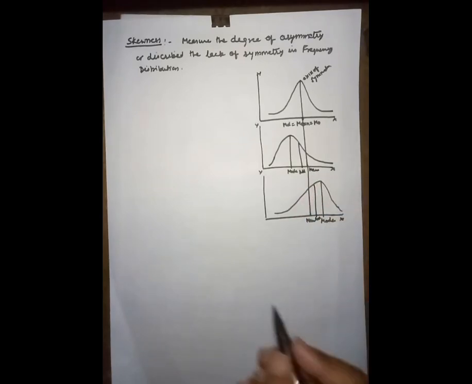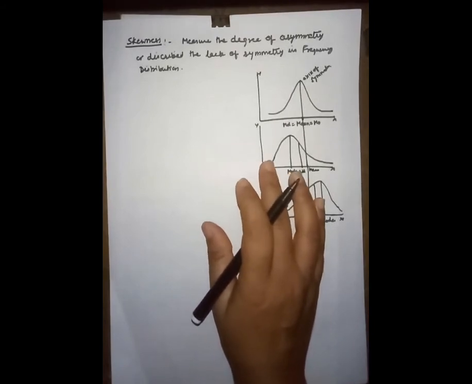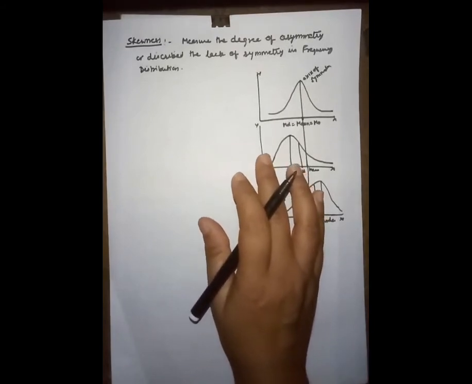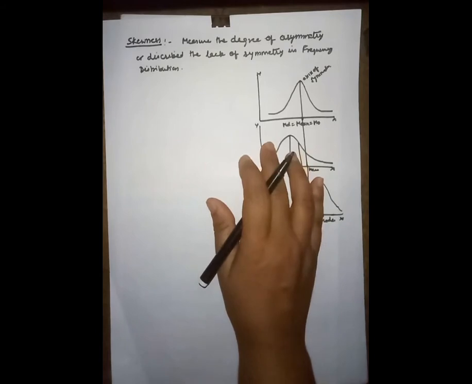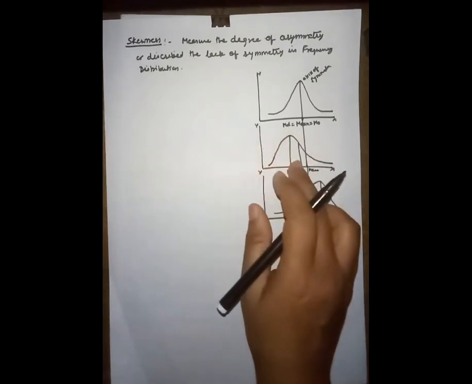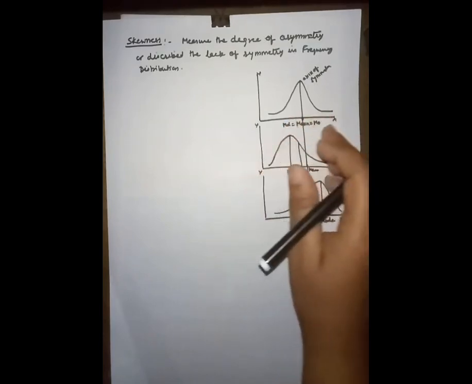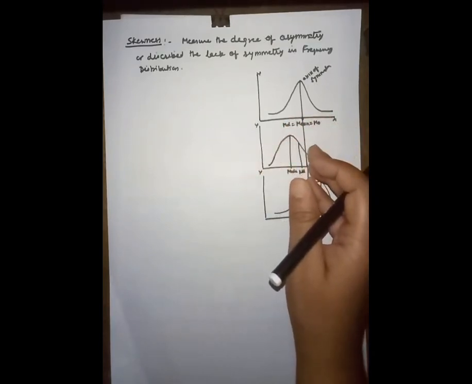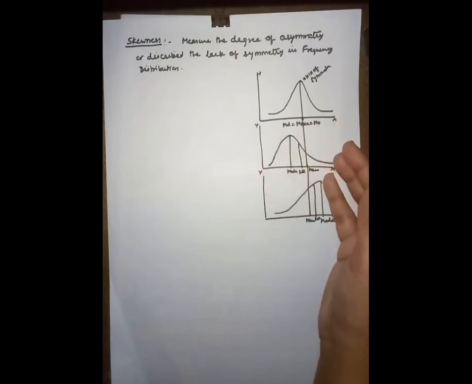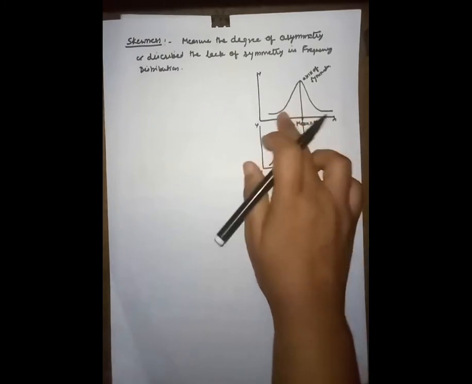So friends, in the first case, this is symmetric, because the frequencies are equally distributed on both sides of the central value, right?